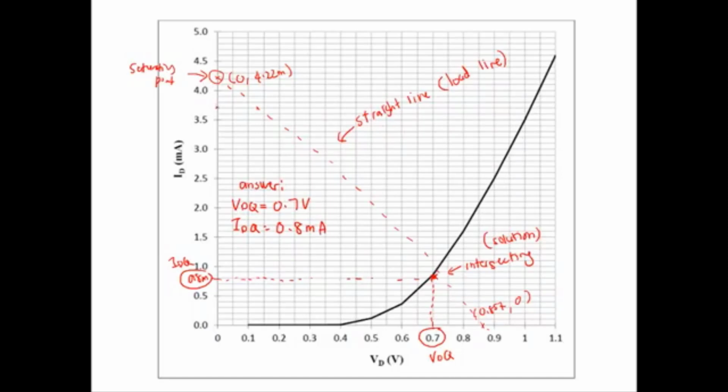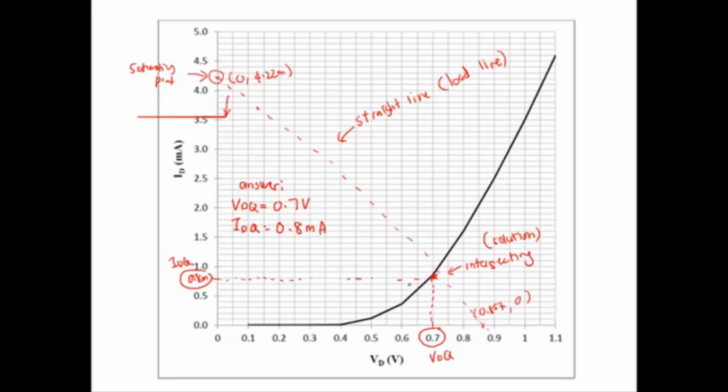So when the saturating point decreases, what happens to the Q point? You can imagine that this line is the load line and the slope becomes lesser. Because it moves downward, the Q point becomes smaller.